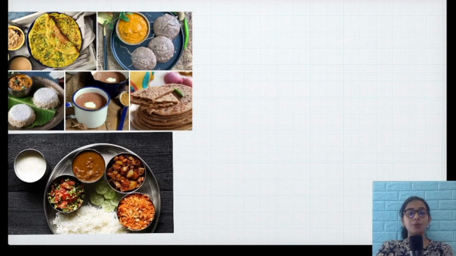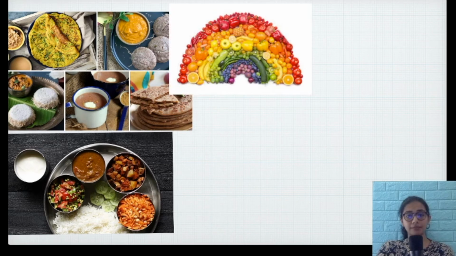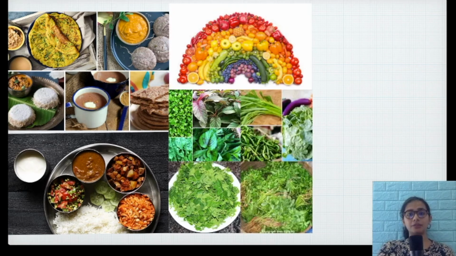Instead, we need to have our good old balanced meals, proper meals that are balanced in all the food groups. Then we need to include colors in our foods, include colorful vegetables and a lot of greens. It's said that we need to have at least 3 or 5 portions of greens every day in whatever form we are able to include them, right?